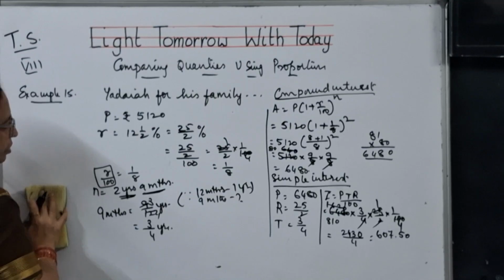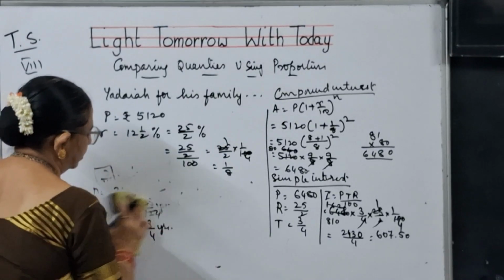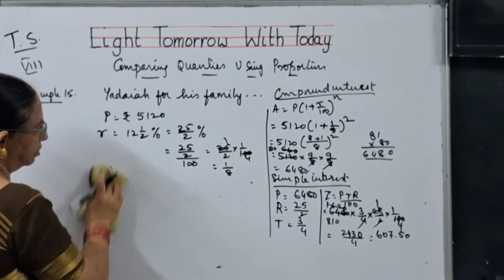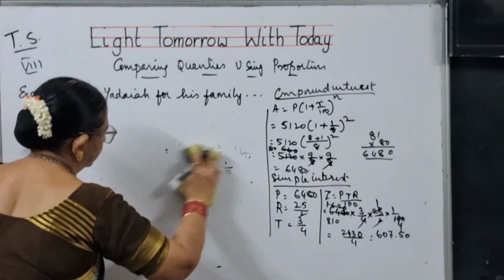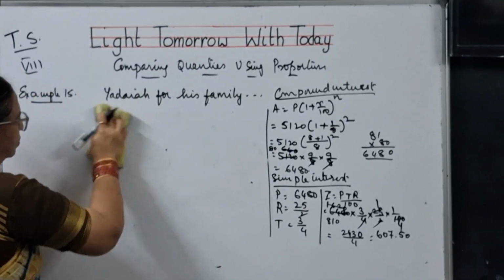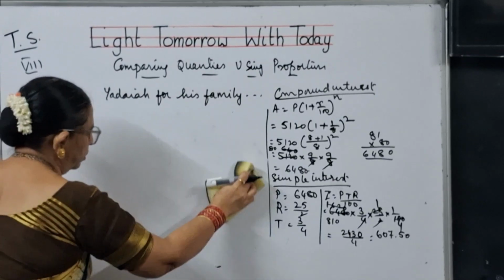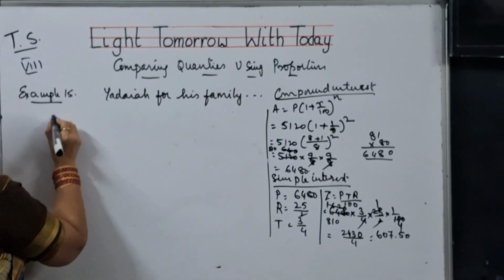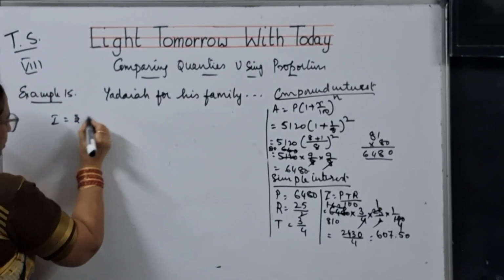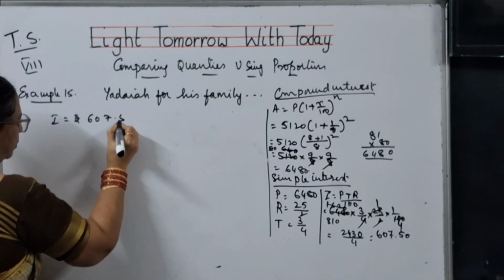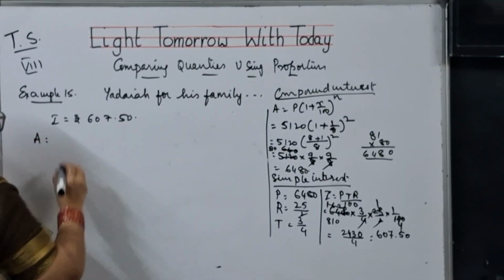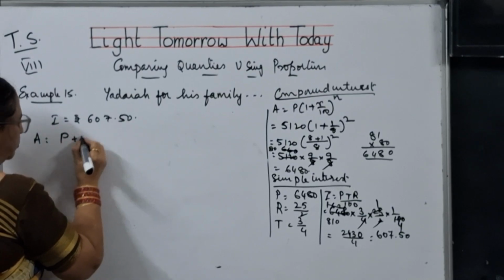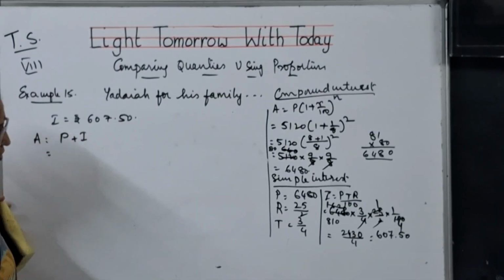Now interest, I you have got as rupees 607.50. So amount, what you need to do, amount is equal to principal plus interest. What is principal?